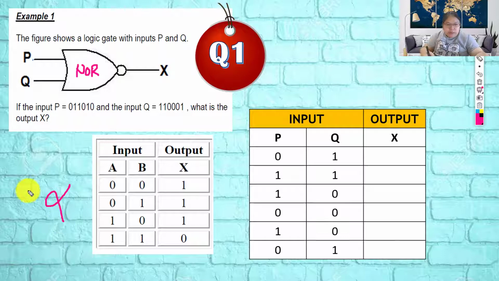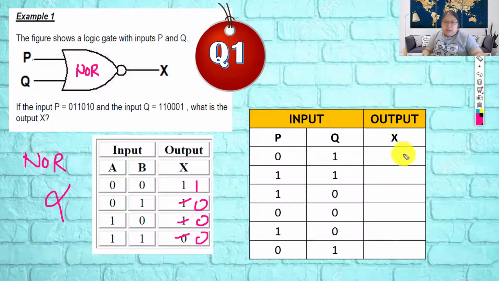So if I change it, it must become the NOR gate. Suppose it is 1 0 0 0. Okay, NOR gate, so we think about the NOR gate. Now we check the answer here. NOR gate 0 1 should be 0. 1 1 is 1.